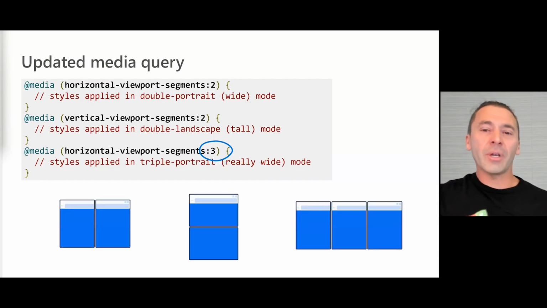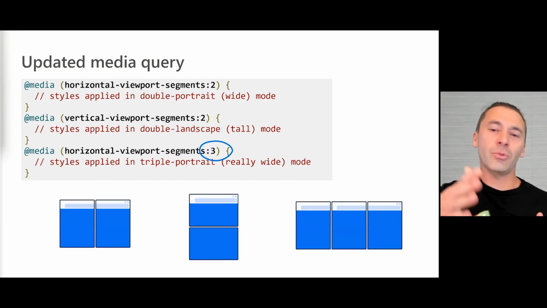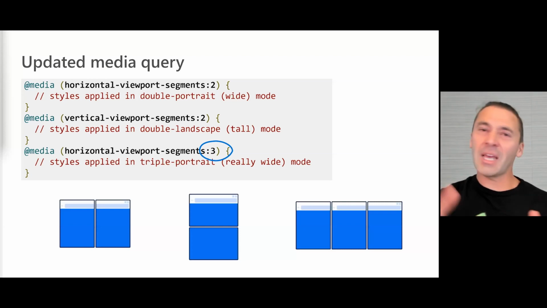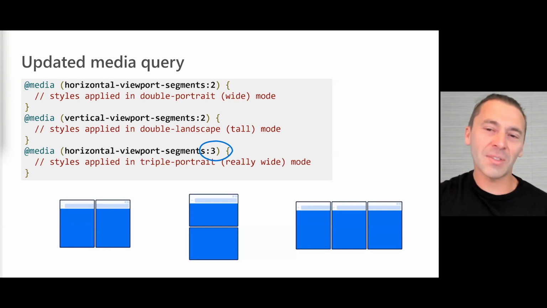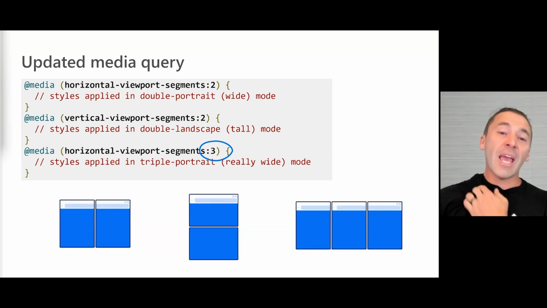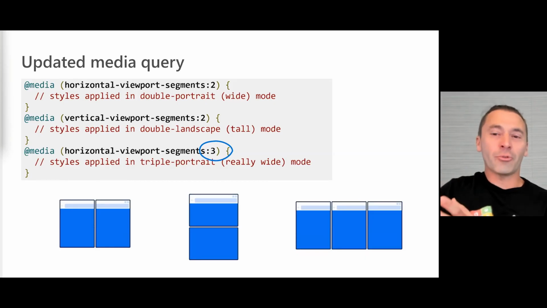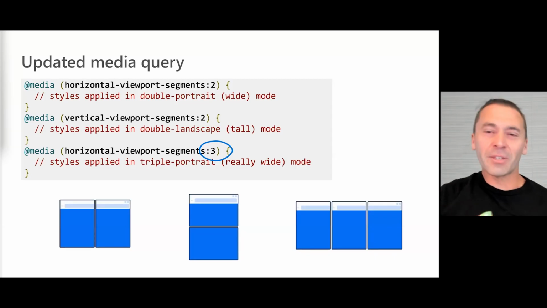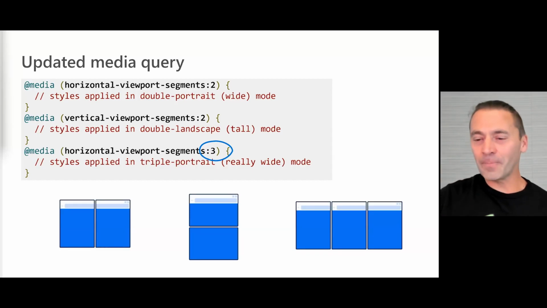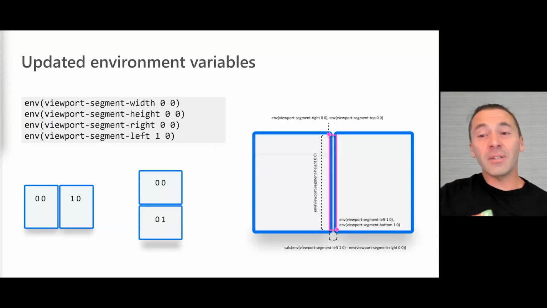It's also a media query, but it is extensible. So you specify the number of views that you expect, and it can be 2, it can be 3, it can be as many as complex devices can be made. So now we can describe the case of a triple screen device or a quadruple screen device. But for now, we're really just focused on Surface Duo and the other foldables that are going to use number 2. So we updated the media query, we updated the environment variables.